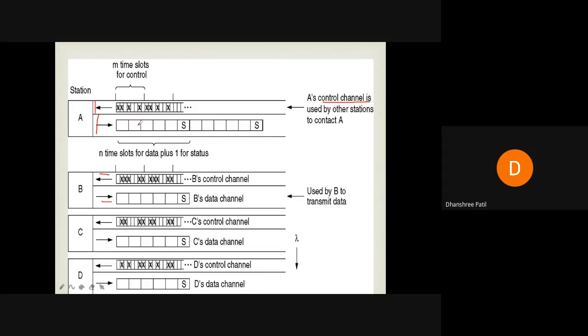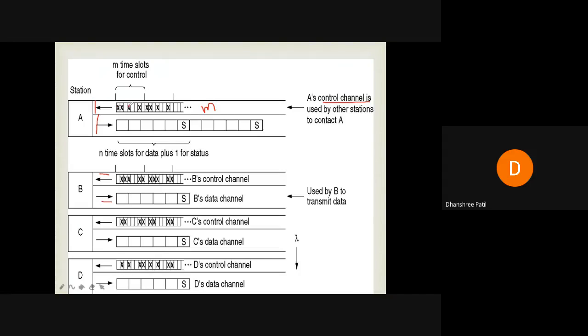Now how does it work? Suppose this is the control channel of A and this is the data channel. How many control channels and data channels will be there, we will see. Suppose here m slots are there.